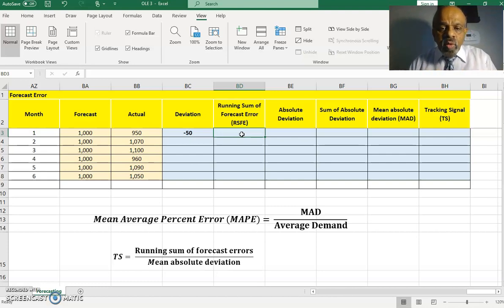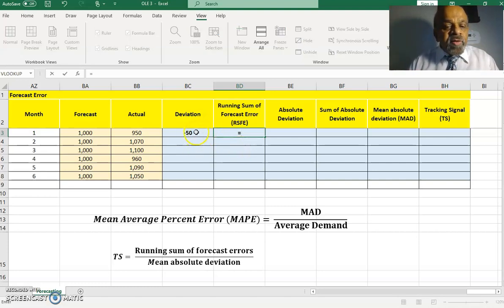The running sum of forecast error is the deviation that you have plus the deviation that you had in the past period. For the past period, we don't have any number, so I'm assuming it as 0. So my running sum of forecast error for the first month is simply the deviation, which is going to be minus 50.